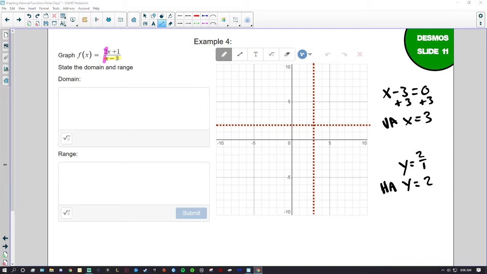So the question is, before, based on our a value, we knew if it would start top left or bottom left. Does that still apply? If I were to type this into Desmos, let's take a look. x minus 3, typing it in.